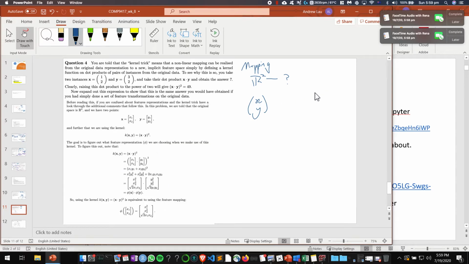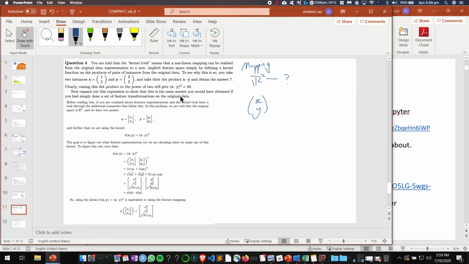So normally it's kind of the other way around: normally we have some kind of mapping, and then we want to find the kernel function. This one is in a way the other way around. So what you can do is work backwards, given the kernel function, and then work out what the mapping is.